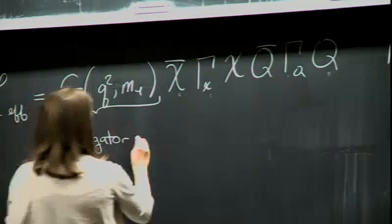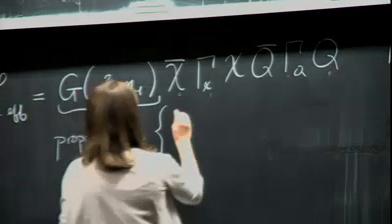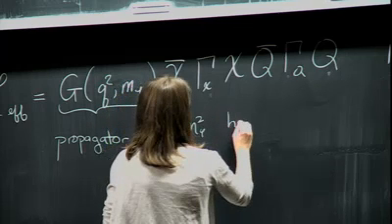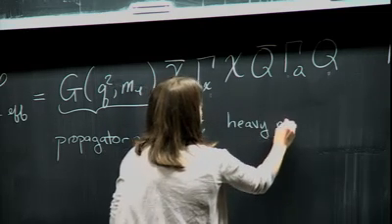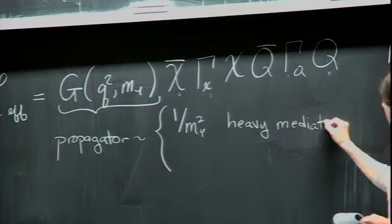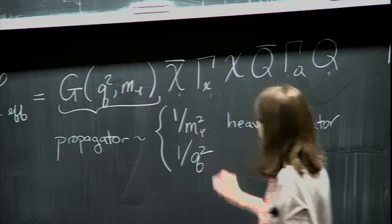So in the limit where I have a heavy mediator between the dark matter and the nucleus, then this is what I get.